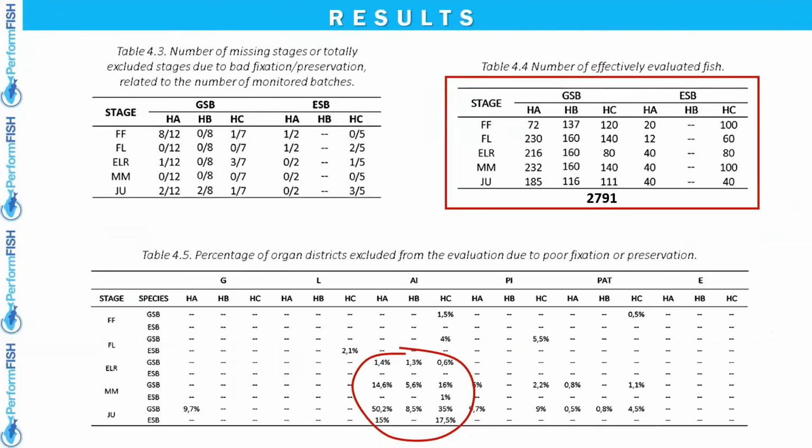Before analyzing the results, I would like to strongly emphasize the number of samples histologically evaluated per hatchery. Around 3,000, a very huge number for a histological study. I remember also that some organ districts were the most compromised due to poor preservation or poor fixation, and so often excluded from the evaluation, in particular, of course, the anterior intestine.